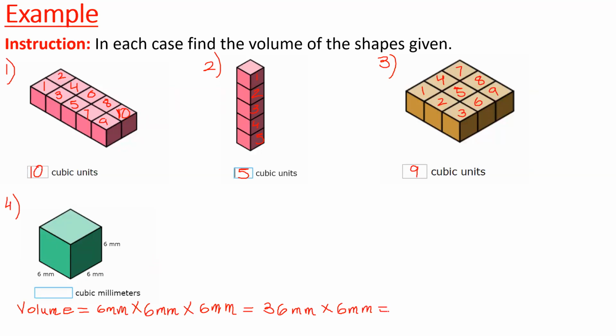So the answer here is going to be 216 millimeters cube. What did we do? We multiplied 6 times 6 to give us 36, and we multiplied 36 times 6 to give us 216. Does that make sense to you all?